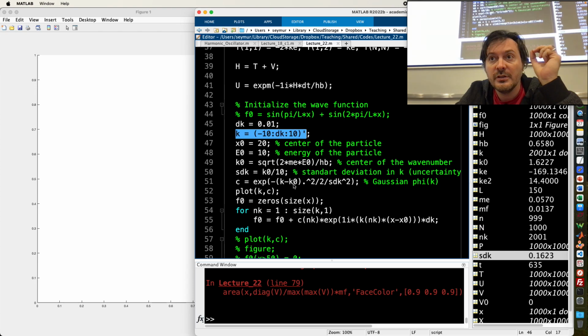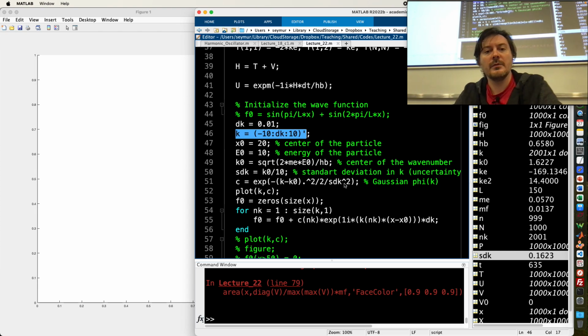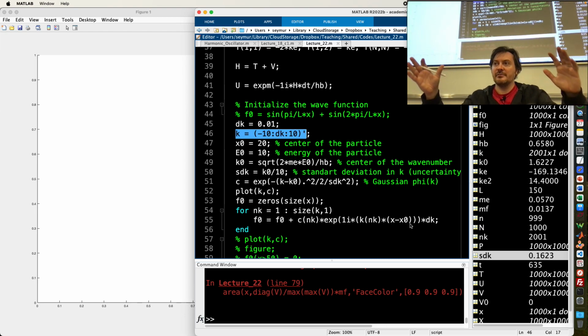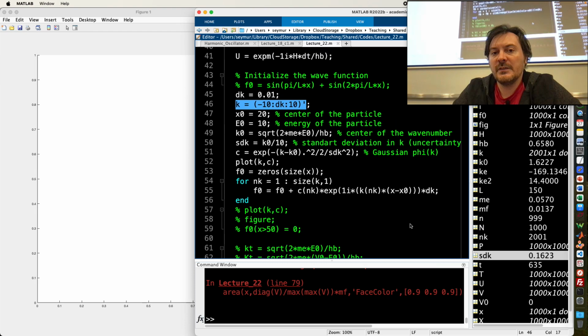Do you see the Gaussian around K0? There's a Gaussian: k minus K0 squared over 2 times the standard deviation squared. That's how you define a Gaussian, right? Very good. Then I use those CKs and multiply them with e to the i k (x minus x0). That's how I get my wave function centered at x0. That's it.